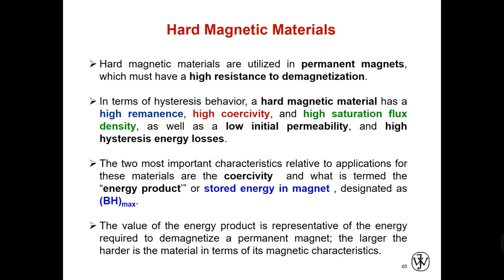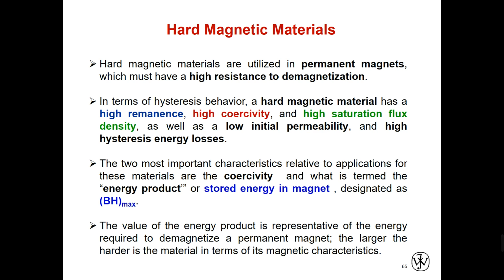Hard magnetic materials are utilized in permanent magnets, which must have a high resistance to demagnetization. In terms of hysteresis behavior, a hard magnetic material has a high remanence, high coercivity, and high saturation flux density, as well as low initial permeability and high hysteresis energy losses.